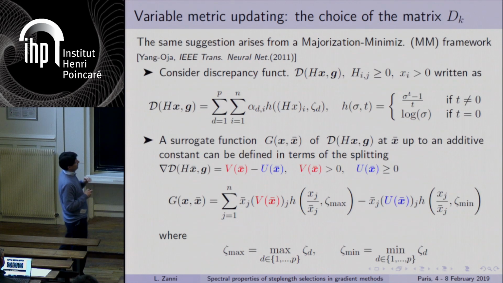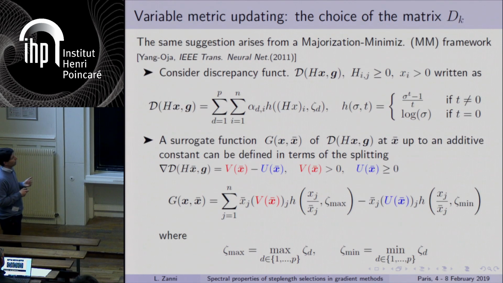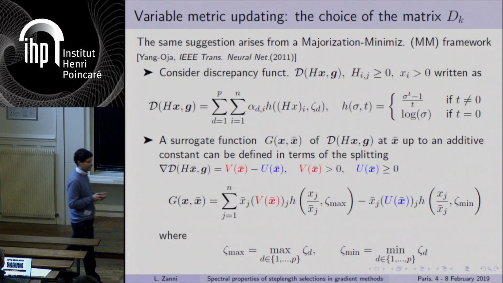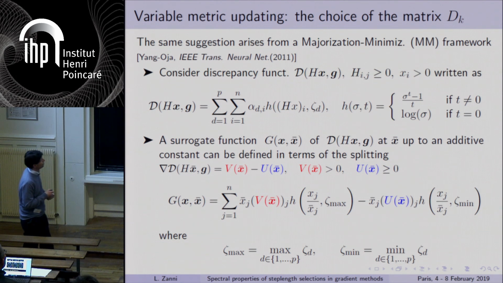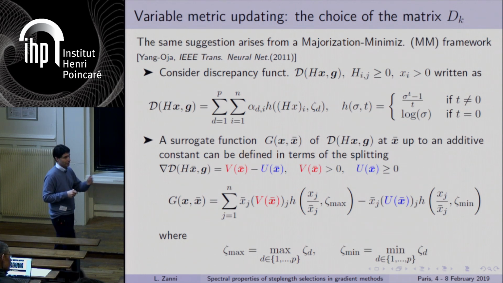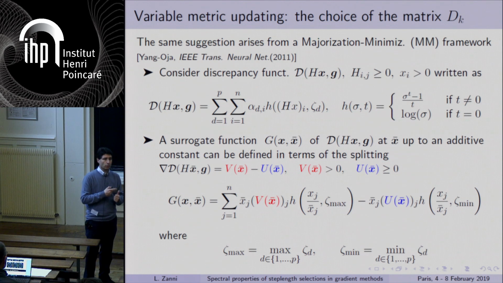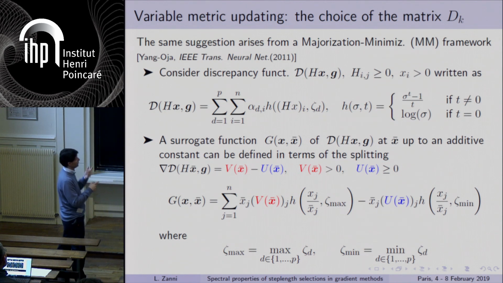But we obtain the same conclusion even if we give another interpretation of this scaling based on a majorization minimization approach. In fact, suppose we minimize this general discrepancy function. This is a very general way to describe discrepancy functions that include the classical ones, like the least square discrepancy function or the Kullback-Leibler discrepancy function, as special cases.